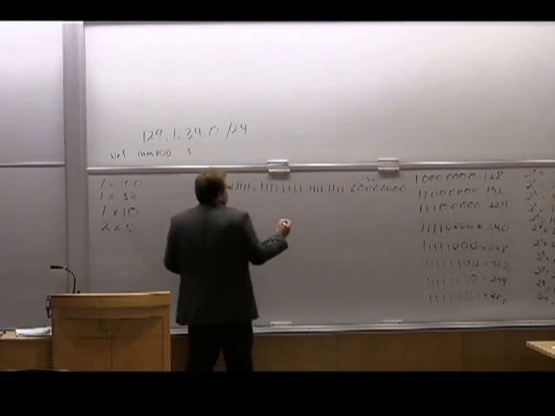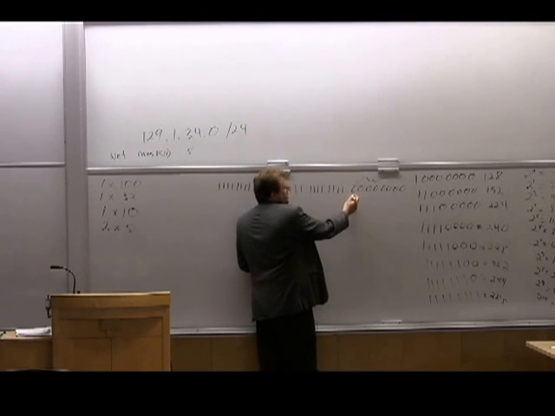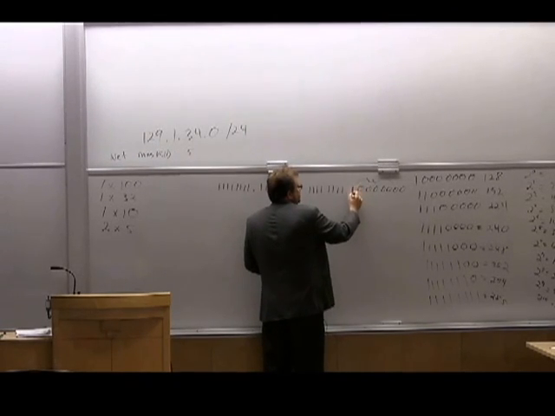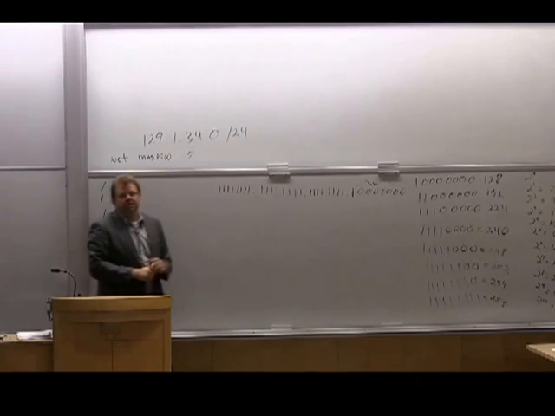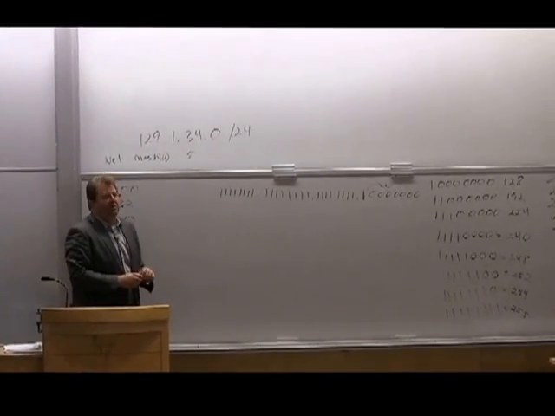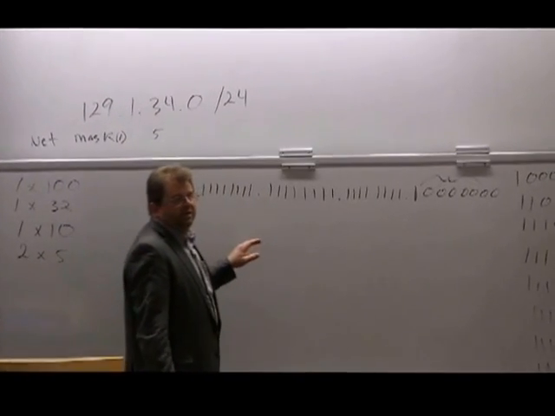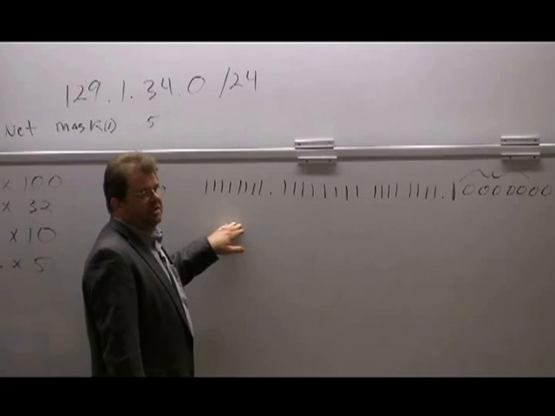Okay, so if I need 7 bits for hosts, this is the only network bit, right? So for the mask, it looks like that, doesn't it? And we need to use all 7 of those bits. So, easy point. In fact, these are the highest value points, as you get the mask right.